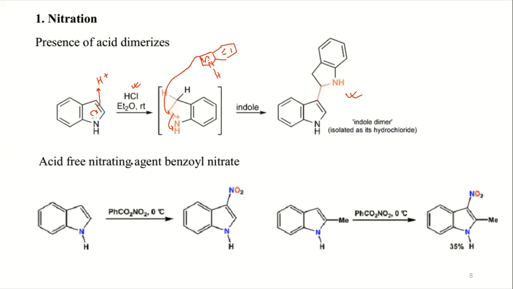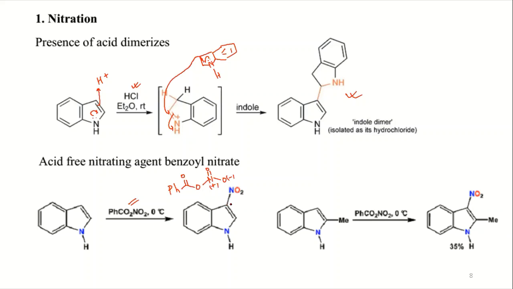So an acid-free nitrating agent, one of them is benzoyl nitrate. Okay, benzoyl nitrate. So you have Ph, C double bond O, O, N. Okay, so this is the benzoyl nitrate. This is used at 0 degree temperature.